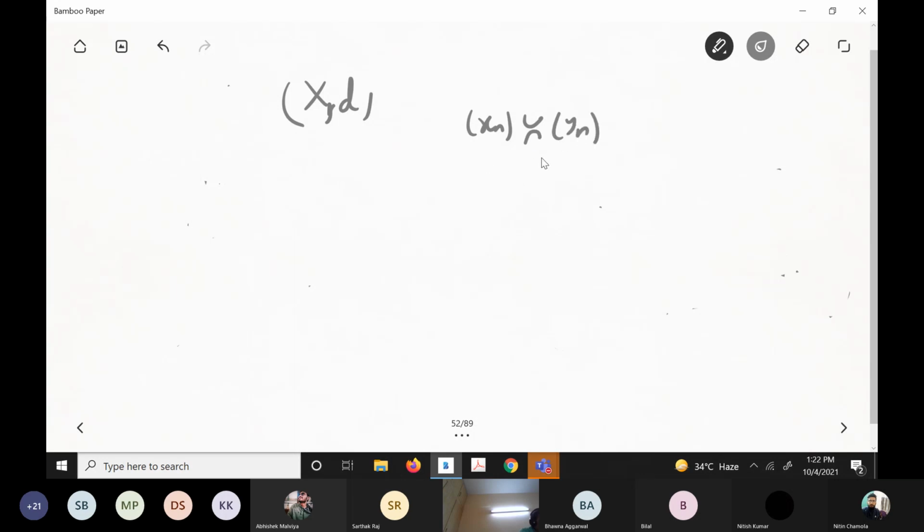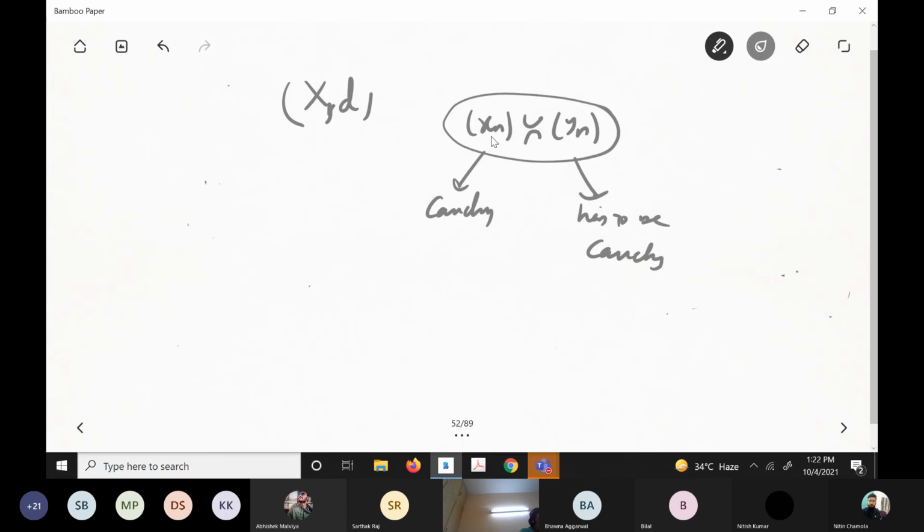Asymptotic sequences behave nicely; they behave like twins. Suppose one of them is Cauchy, then the other has to be Cauchy also. If one converges, the other will have to be convergent. That I put as an exercise.